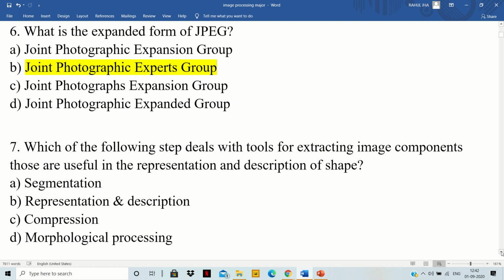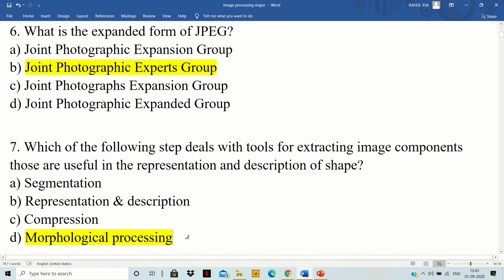It is about extracting components from the image that are useful in representation and description of shape. So it is about external characters. And what are external characters? External characters are always about morphological processing. So the answer will be D, morphological processing.